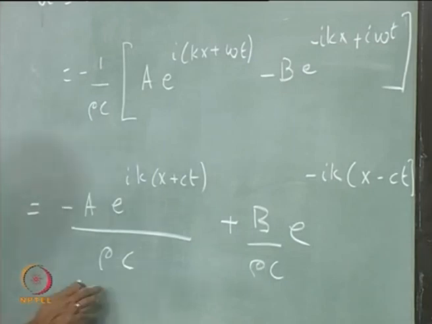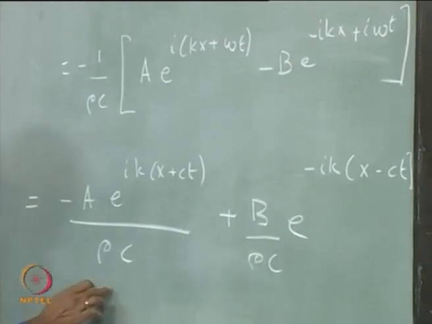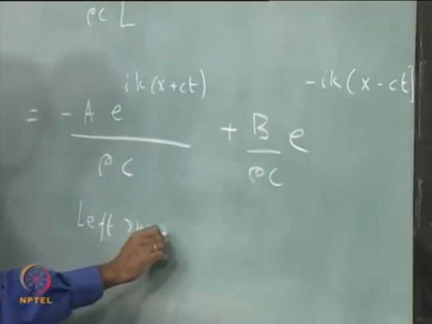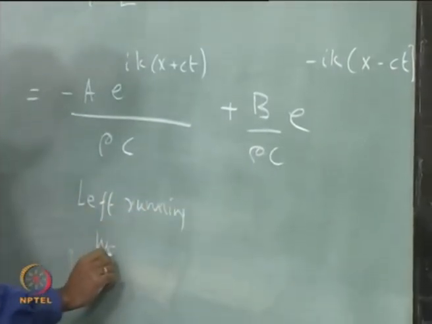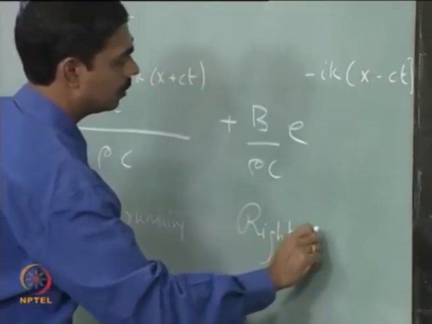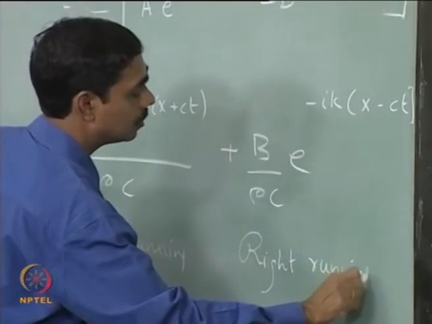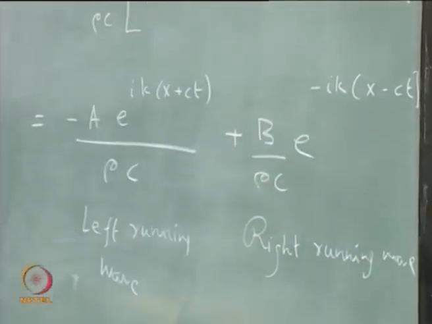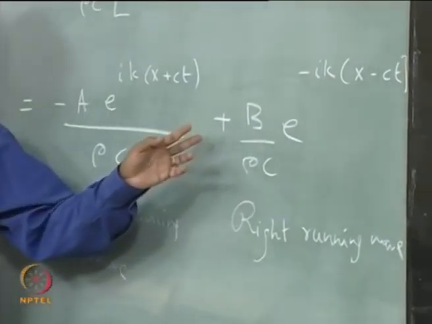So this is the, what wave is this? Left running wave. And this is the right running wave, and we can see that the right running wave has a positive sign in the front.